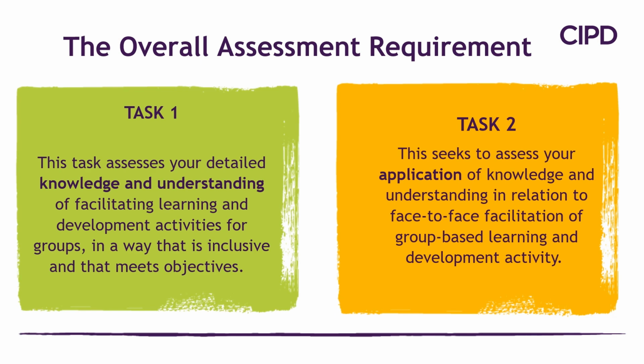So in this particular brief, Task 1 is about your detailed knowledge and understanding of facilitating learning and development, and doing that in a way that is inclusive and meets objectives. Task 2, on the other hand, requires you to apply that knowledge and understanding to the actual facilitation of a learning and development activity, so a practical activity.